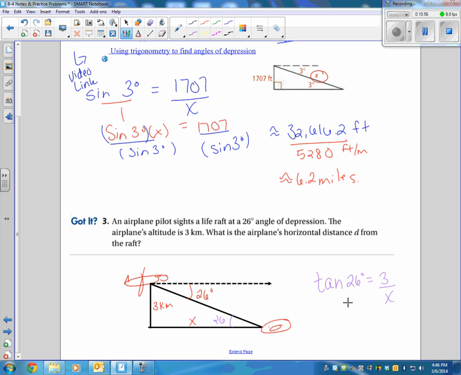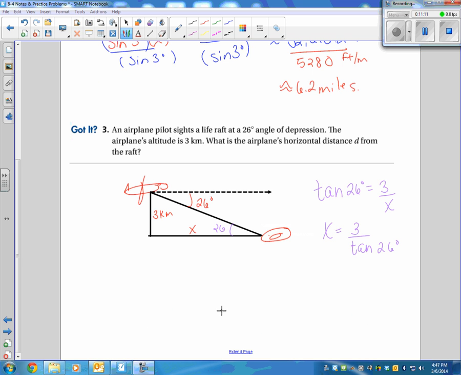We can cross multiply, and what we'll find is that x is going to be equal to 3 divided by the tangent of 26 degrees. So let's punch that in. Okay, and we see that that is going to be about 6.2 kilometers.